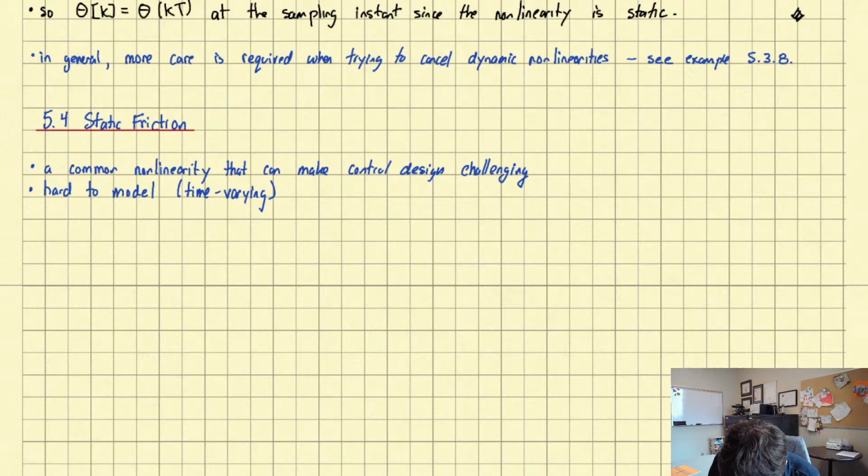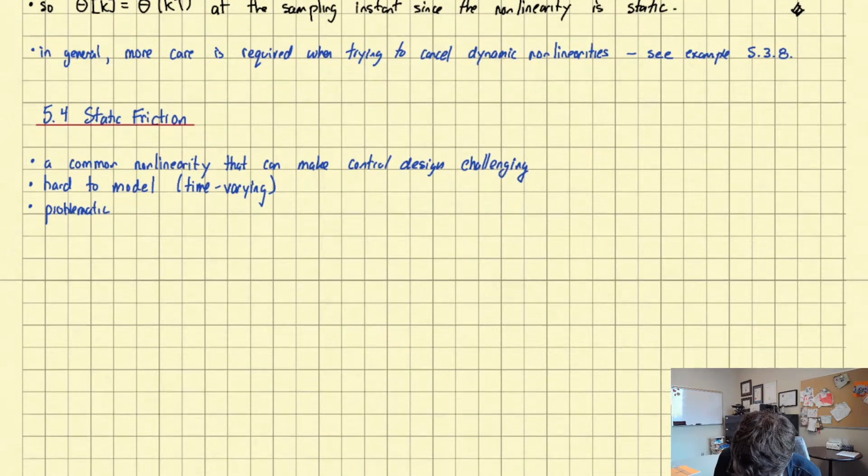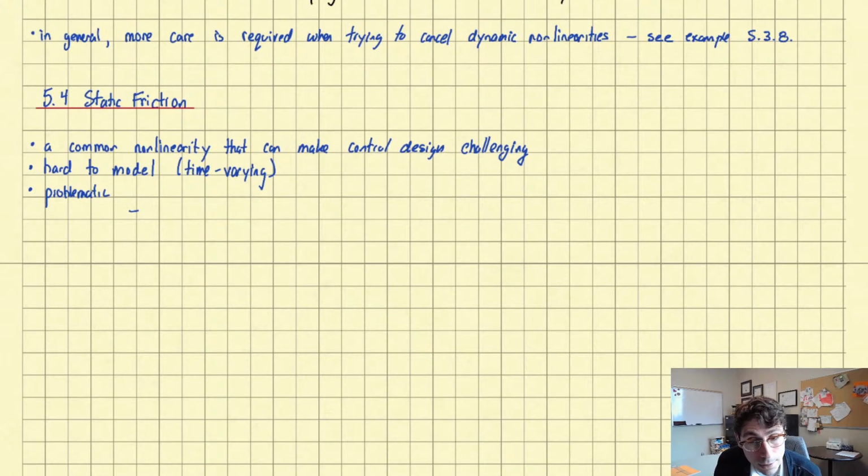It's also problematic in terms of control. It can lead to increased steady state error, right? You think that if you've got an integrator in your controller, you should get perfect steady state tracking, and in steady state, your control signal should settle to 0, because you're going to have 0 tracking error going into your controller.